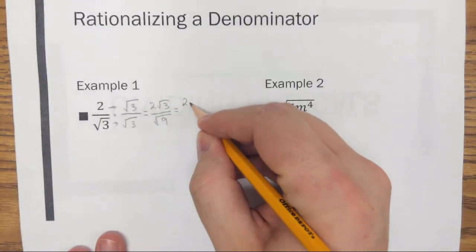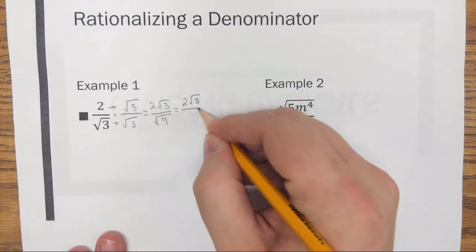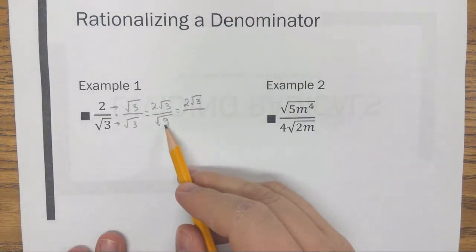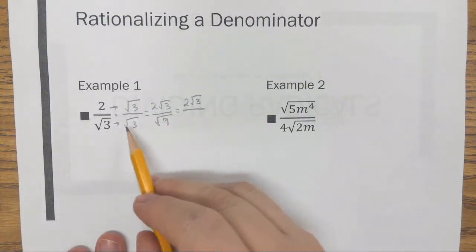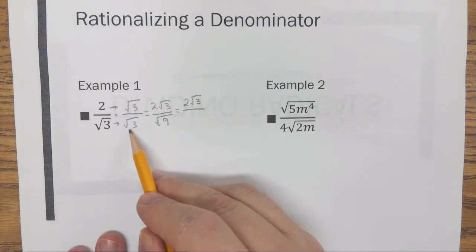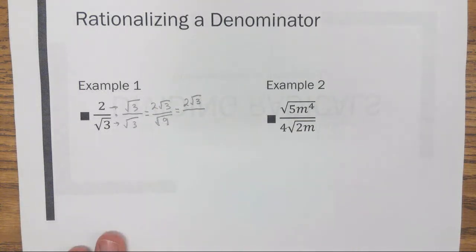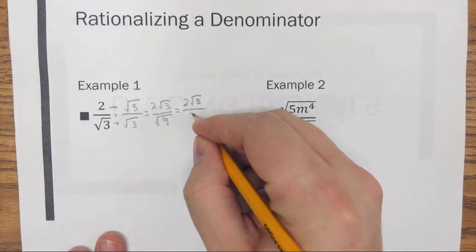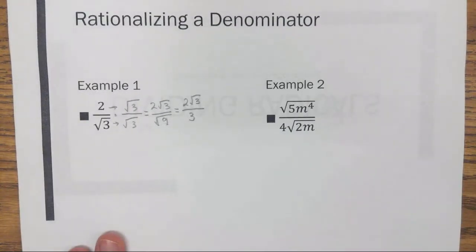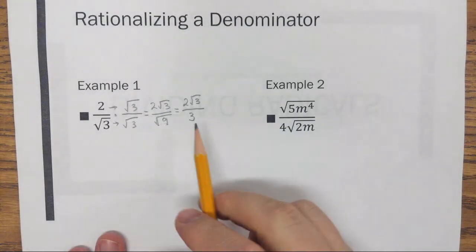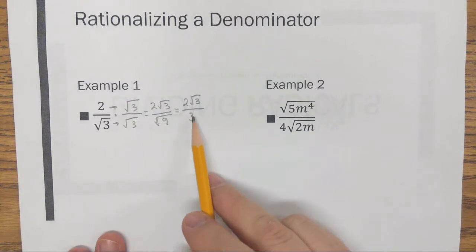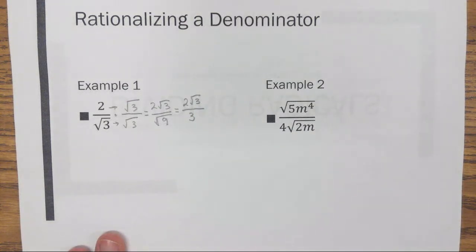This is 2 radical 3 on top, of course, because it doesn't simplify. But radical 9 is a perfect square, which is why we multiplied this by the radical 3, because I wanted a perfect square underneath it here so that I could get rid of it. So my final answer is 2 radical 3 over 3.